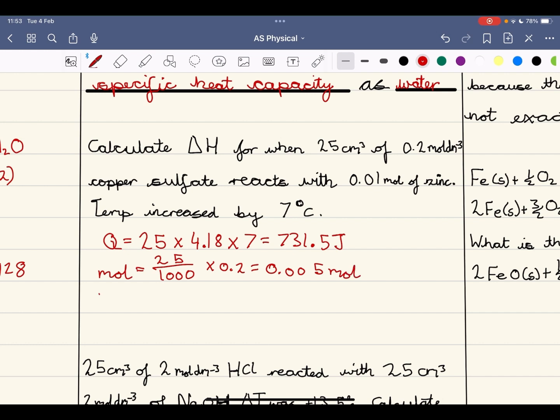And then to work out the enthalpy change, I'm going to do 731.5 divided by 1000, all divided by the moles, 0.005, and I get 146 kilojoules per mole. However, this is an exothermic reaction, so we know that there's going to be a negative sign in front of the value. So our final answer is minus 146 kilojoules per mole.